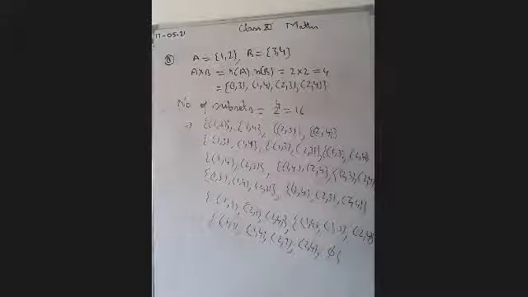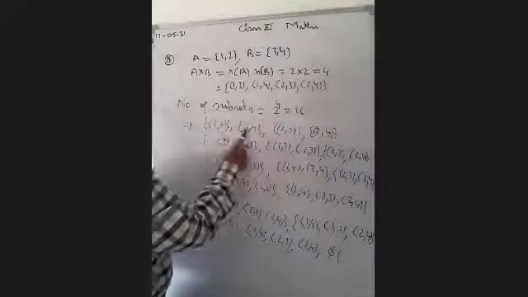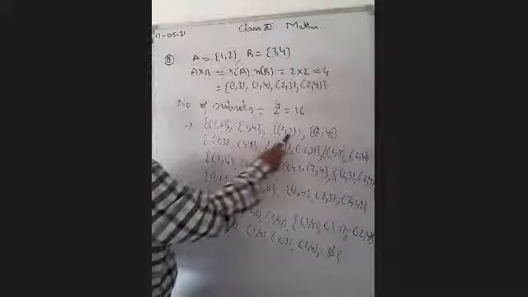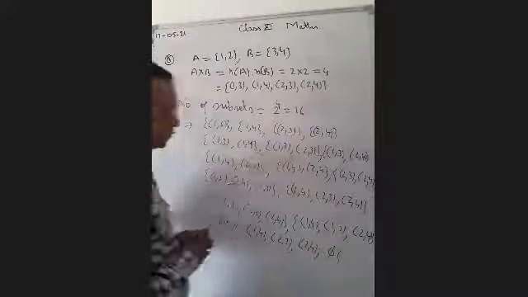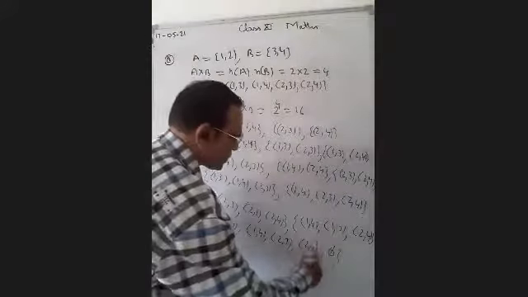Now, first of all we have taken 1 at a time, 4 sets; 2 at a time, 1, 2, 3, 4, 5, 6. These are the 6 sets. Now we have taken 3 at a time, 1, 2, 3, 4. Then we have taken 4 at a time, 1.